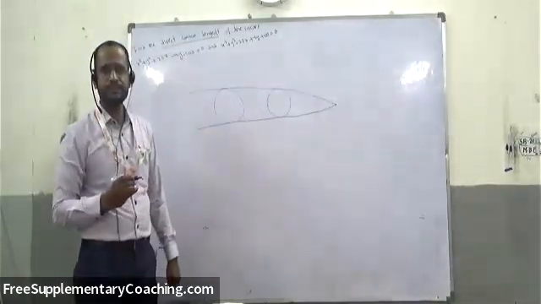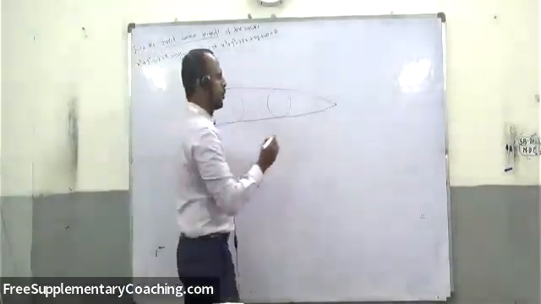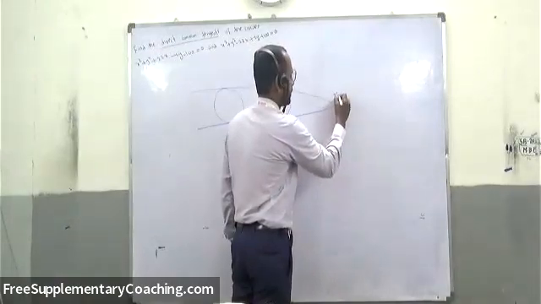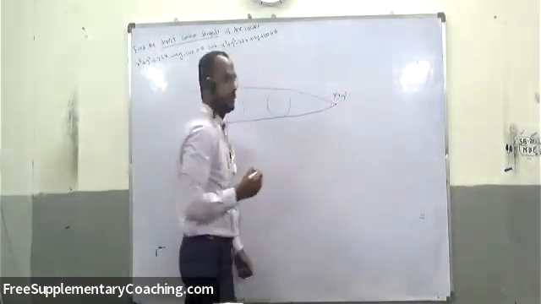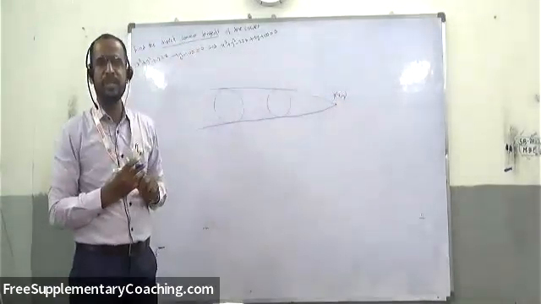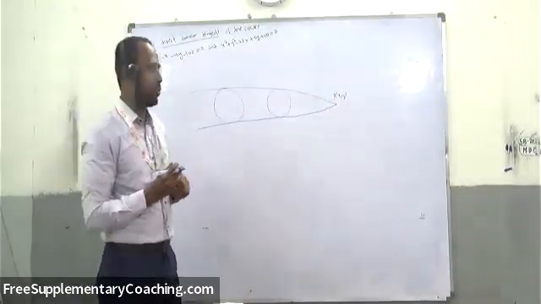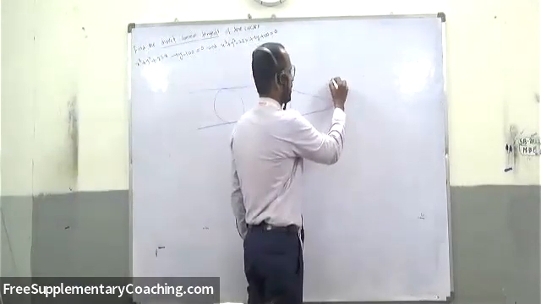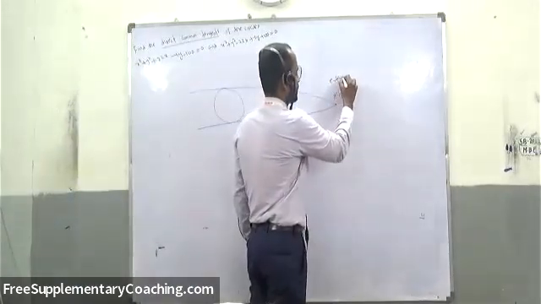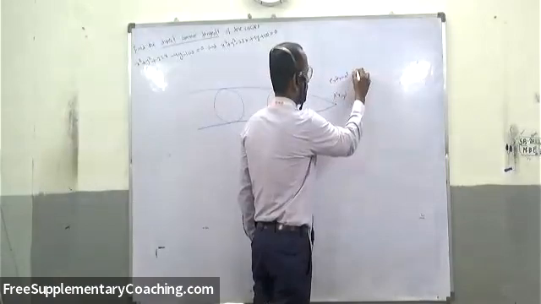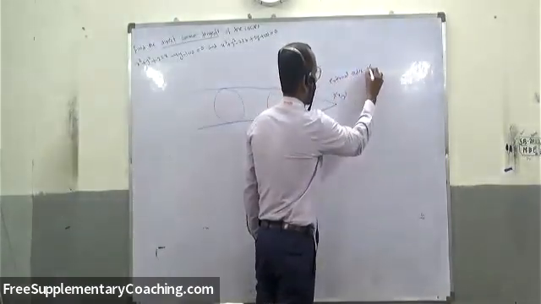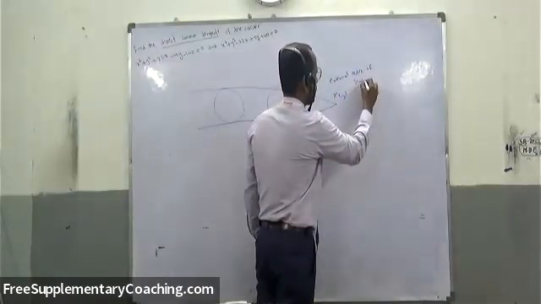This point P(x, y) is called the external center of similitude. What is it called? External center of similitude.